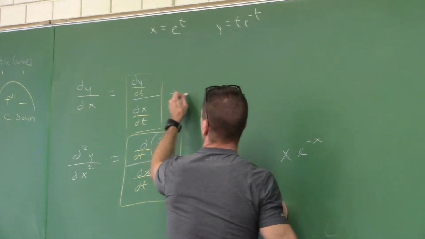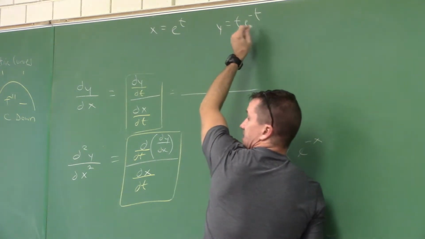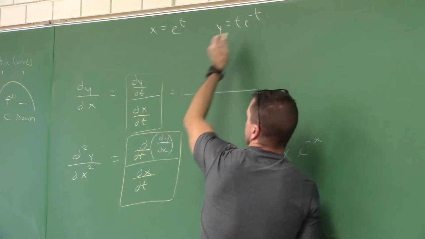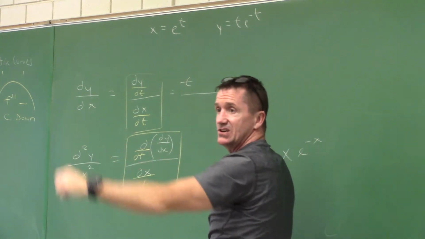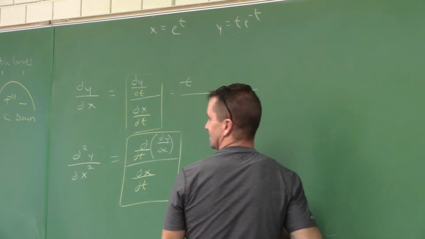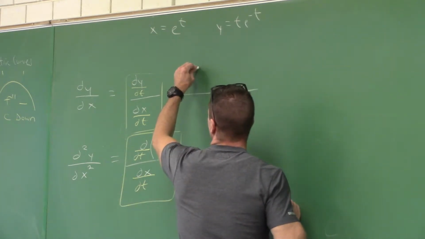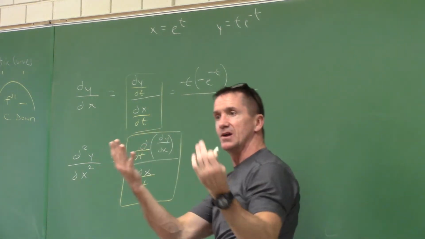So let's get ready. That's going to be the dy dt. So product rule: first times derivative of the second plus the second times derivative of the first. First, what's the derivative of the second? This is why you need chain rule. What's the derivative of e to the negative t? Chain rule, you get negative e to the negative t. I'll put parentheses because it's multiplication.